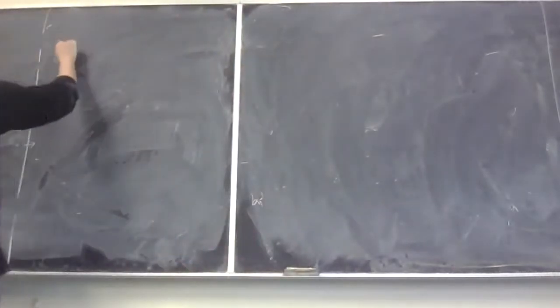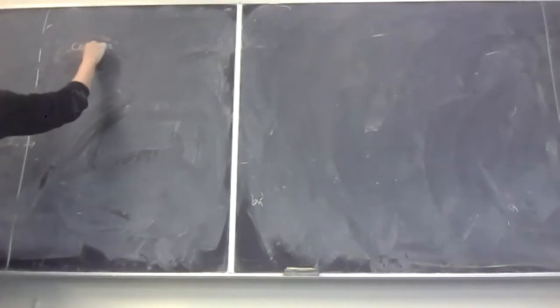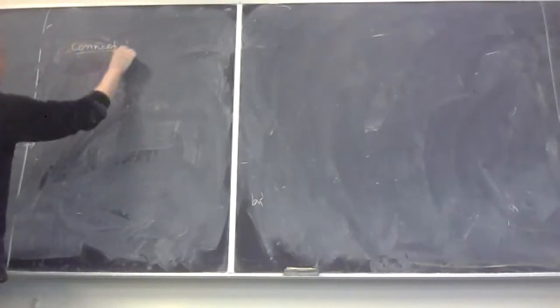So I'm going to make a connection here. Part of the reason why we're putting so much emphasis on the gradient today is that two of the main objects that we study in vector analysis are scalar fields and vector fields. And we're going to do both of them in here.